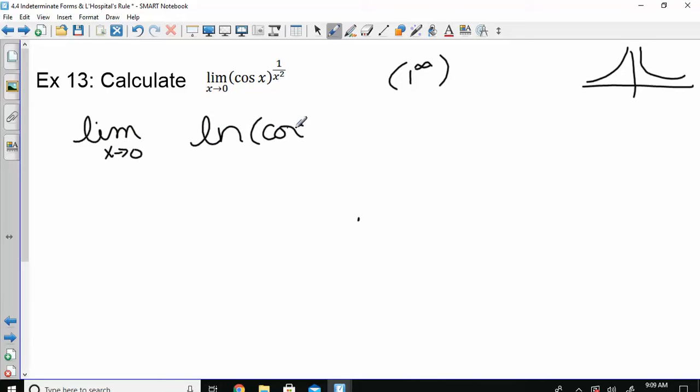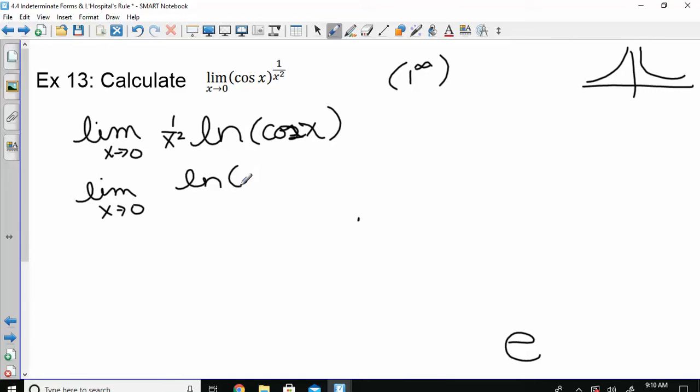Do you guys care if I go ahead and write my 1 over x squared out in front? So since I have the natural log, I know my answer will be e to a power. I can easily write this one as a quotient: the natural log of cosine x over x squared.